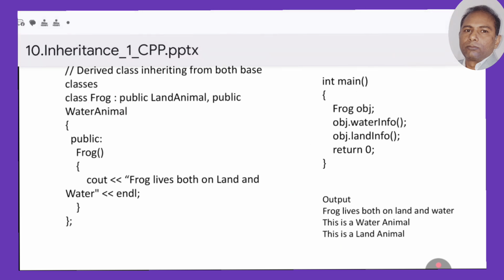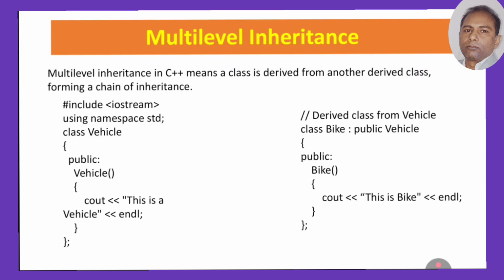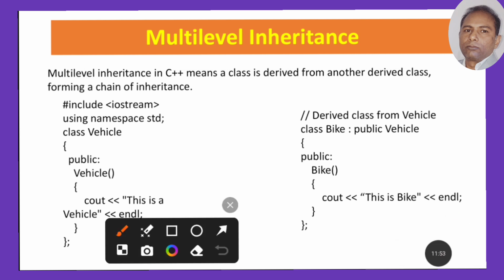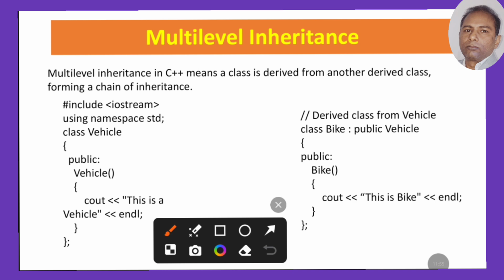Now, if we talk about multi-level inheritance, what is the meaning of multi-level inheritance? Many levels of inheritance are there. If more than one level is there, that is known as multi-level. Means what we want to say, multi-level inheritance in C++ means one class is derived from another derived class.